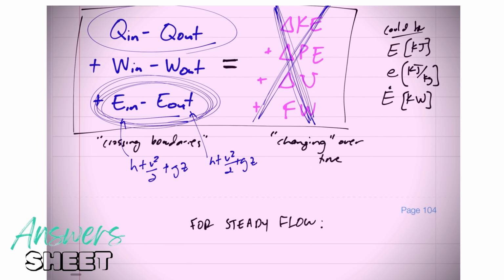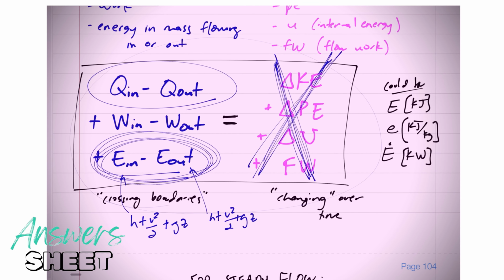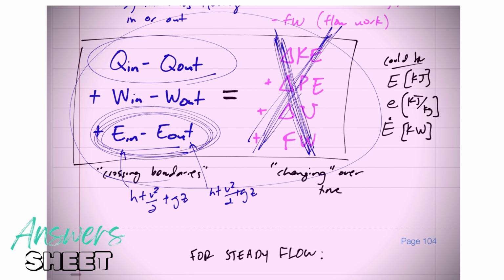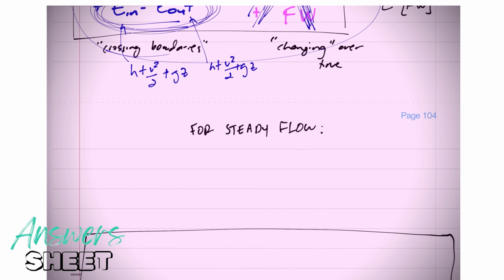Okay? So let's write this equation here, setting the right-hand side equal to 0. For steady flow devices: Q in minus Q out, work in minus work out.